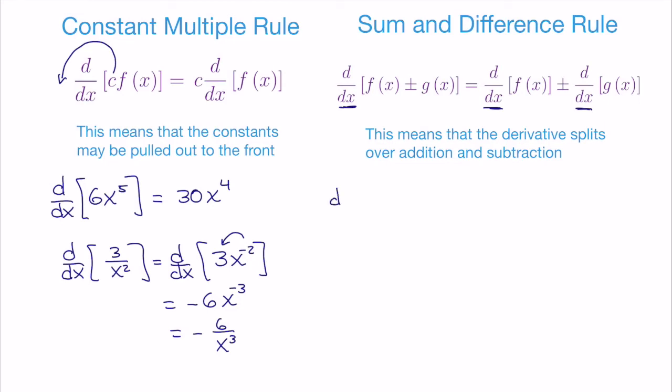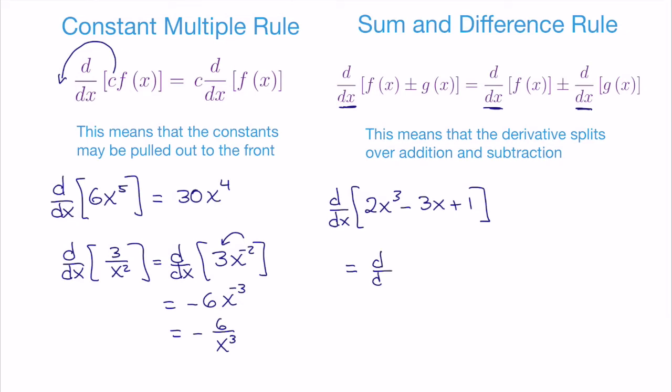Now let's look at examples where we use the sum and difference rule. Let's do something like dx of 2x cubed minus 3x plus 1. I'm going to do this only once the long way so you see why things happen, but then you're going to do it faster. So using the sum and difference rule, this splits.